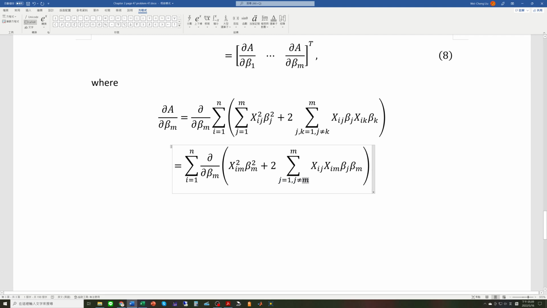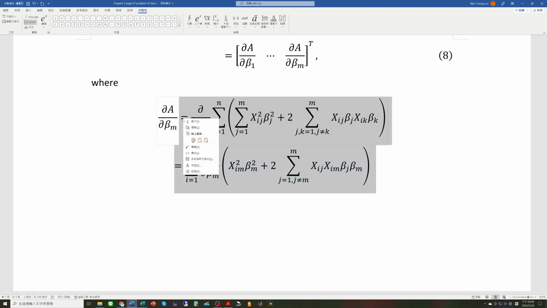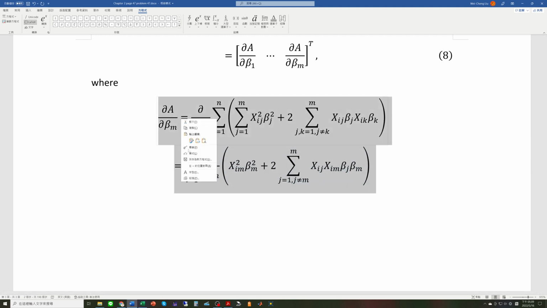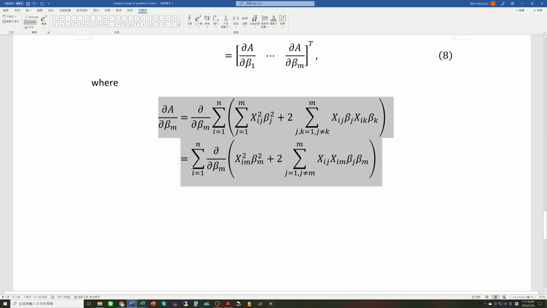So can you get this? Summation j is equal to 1 to m, j is not equal to m, xij xim beta j beta m. Let us align at the equalities.